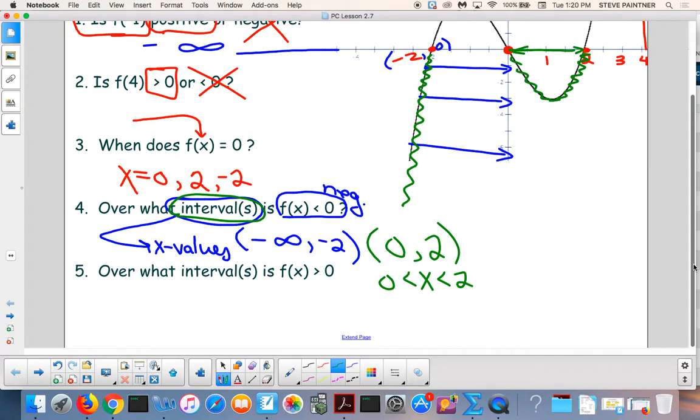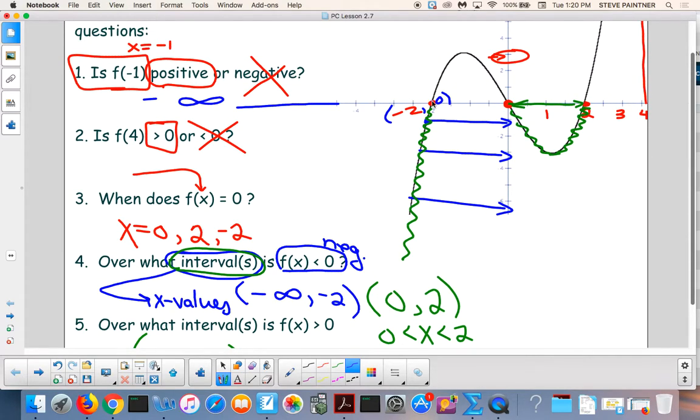Okay, last one. Over what intervals is f of x greater than 0? Brandon, do you know? Negative 2 to 0, that's what he says. Greater than 0 would be all these positive y's up here. What x's gave me these y's?